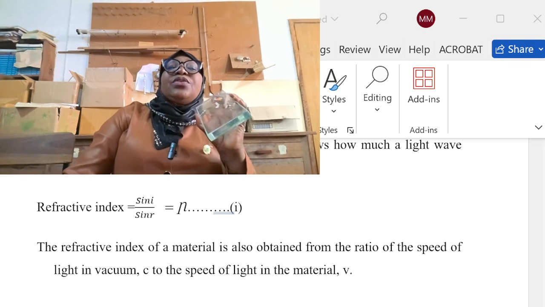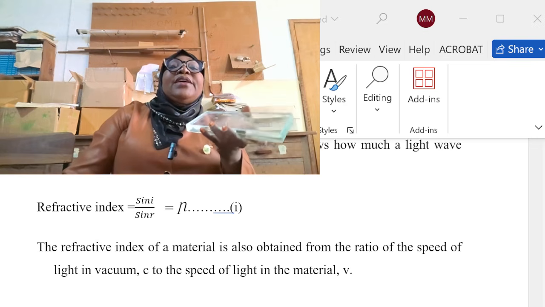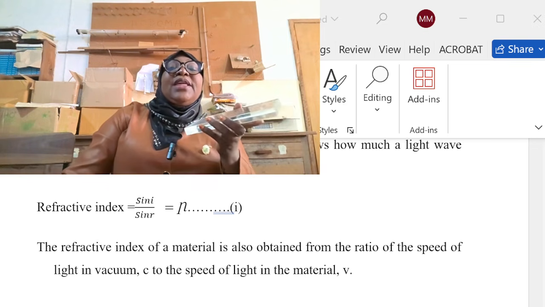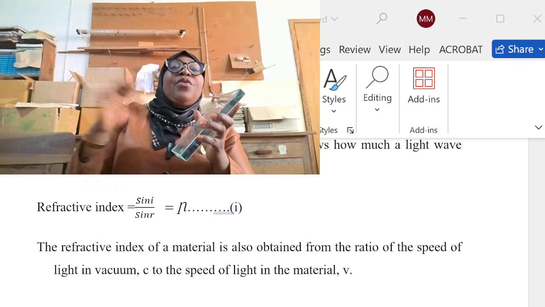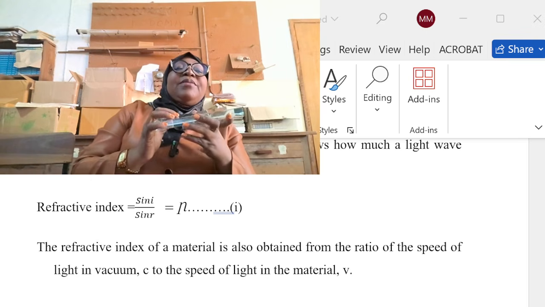The refractive index of a material can also be obtained by taking the ratio of the speed of light in vacuum or air to the speed of light in the medium.